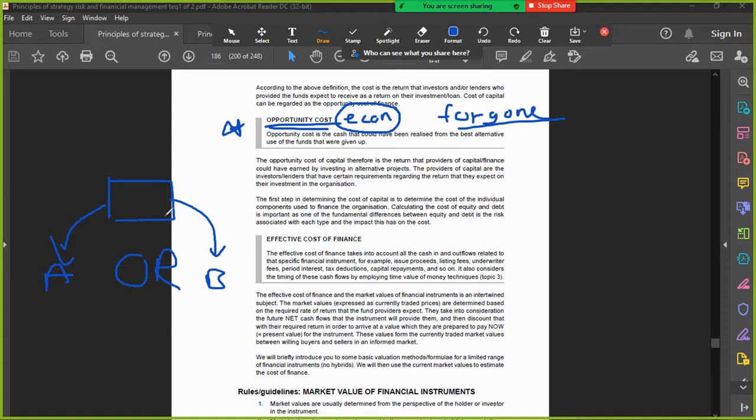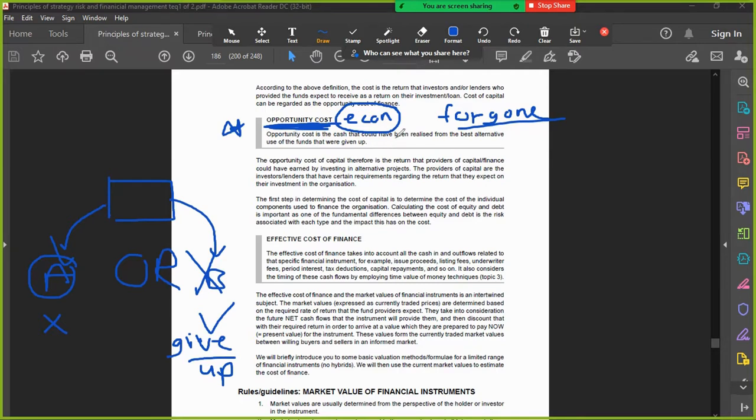If it's mutually exclusive, I choose the one or the other. So if I choose A, then I can't choose B. If I choose B, then I can't choose A. So when you look at opportunity costs, if you choose A, then you give up B. Whatever benefit you could have possibly got here, you have to take as an opportunity cost.